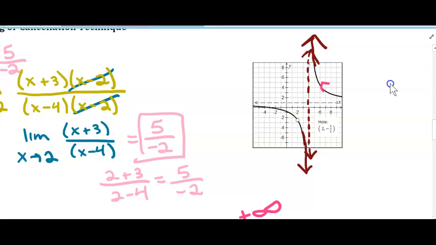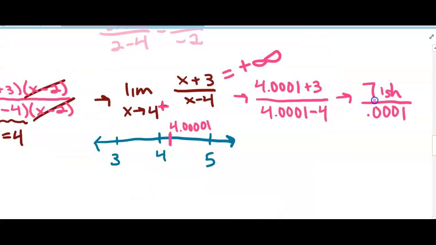As it approaches an x value of 4, it is approaching positive infinity. So this makes sense to me, and I would see that algebraically if I plugged this into my calculator. The nice thing about recognizing that the value we're evaluating the limit at is a vertical asymptote is that we know our answer has to be either positive infinity or negative infinity.